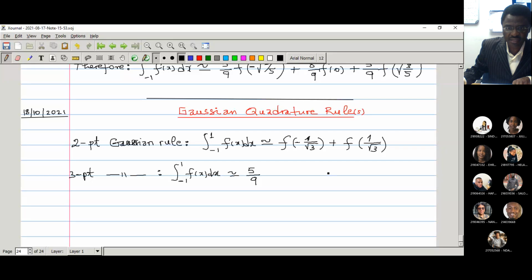You have 8/9 here with f(0). And then similarly 5/9 with f of the opposite of what is here, because here you have a negative. Remember, you have a square root of, I think, 3/5. Yes.